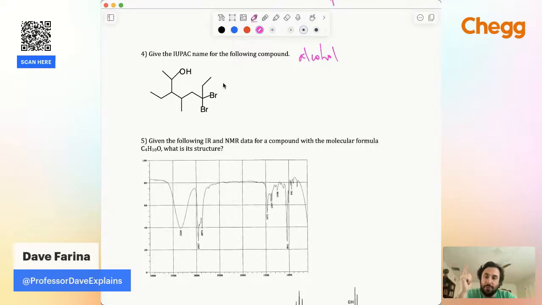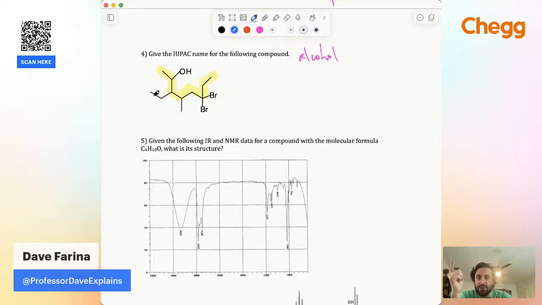And number 2, we will number that chain so as to give the hydroxyl the lowest number, even if numbering the other way would give some other substituent a lower number. So in other words, we've got this parent chain, the longest carbon chain that contains the carbon that bears the hydroxyl. That has to be in there.